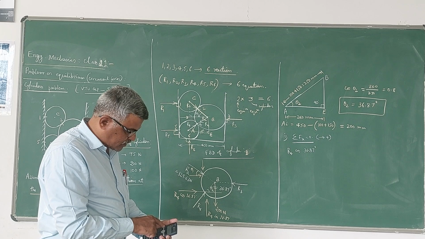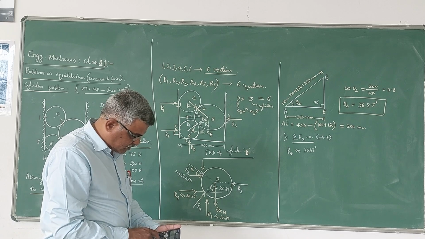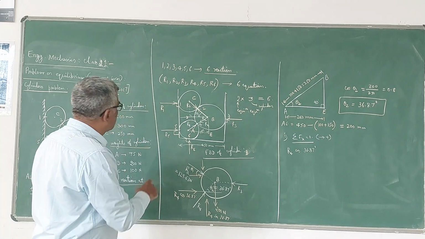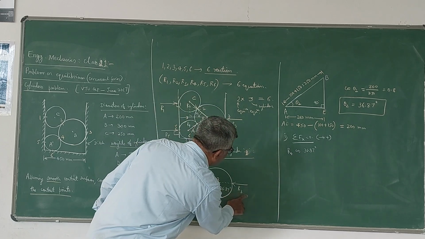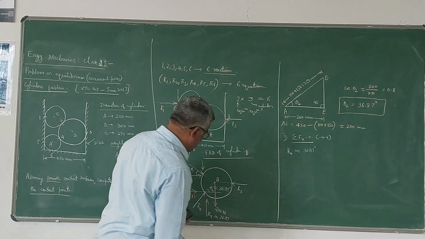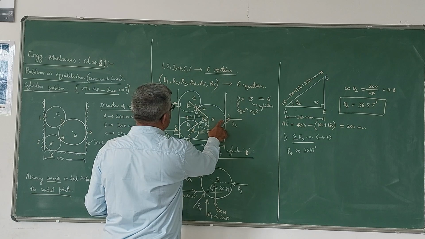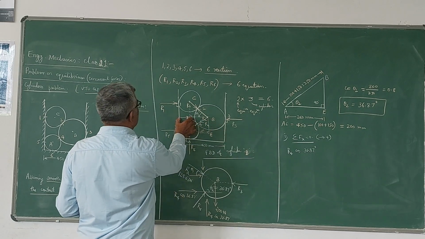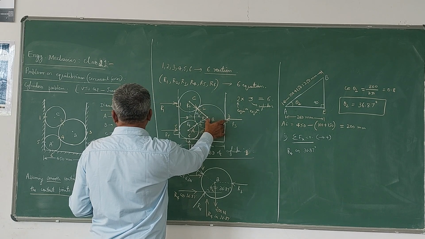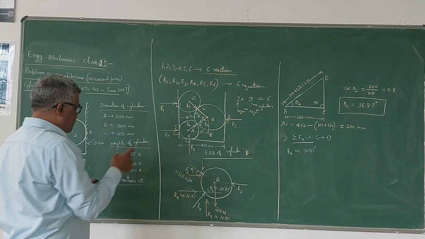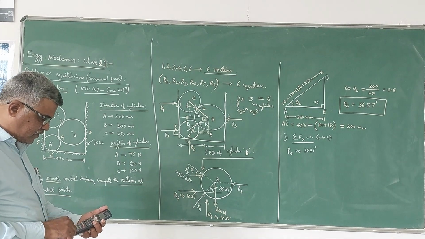So theta 1 is cos inverse of 175 divided by 275.